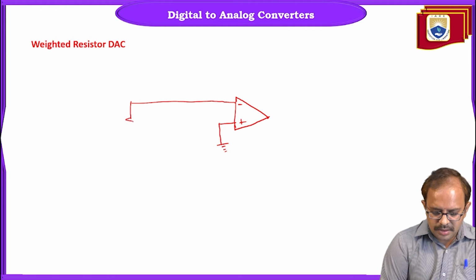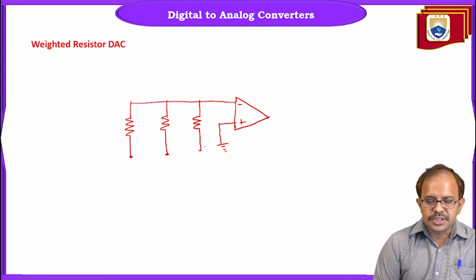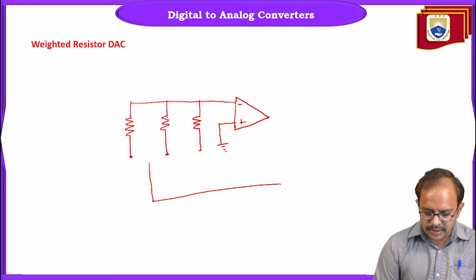Since I am operating with 3 bits, I need to consider 3 resistors, right? And these resistors are connected to 2 positions. What are the 2 positions? They can be connected to a reference voltage.